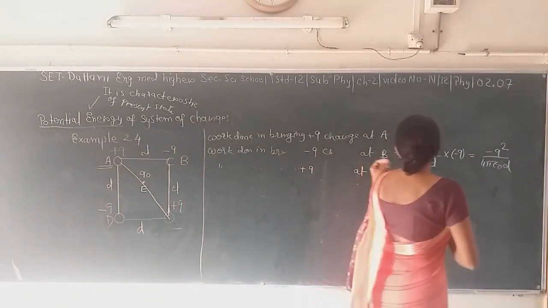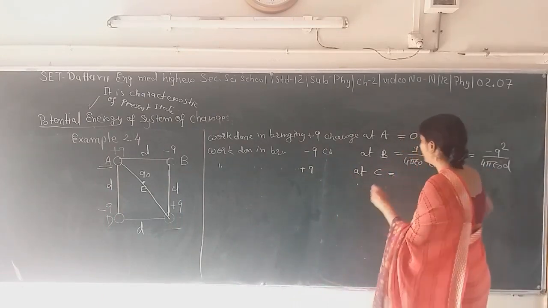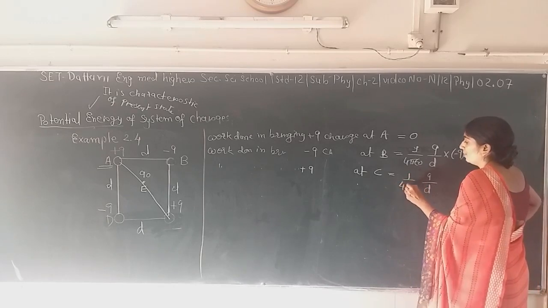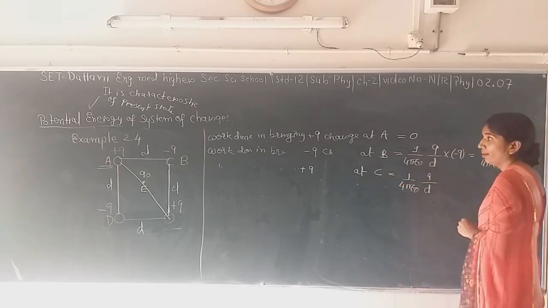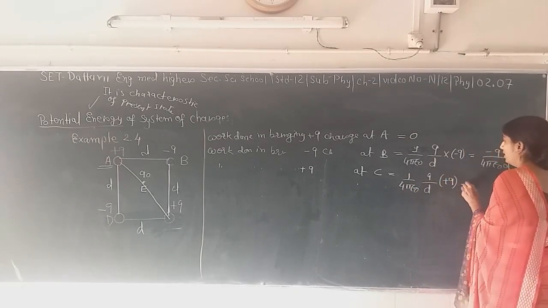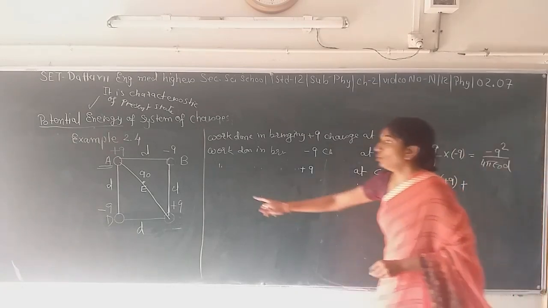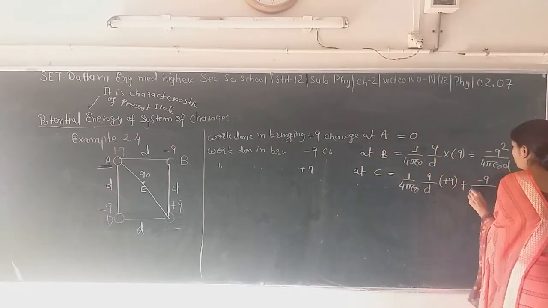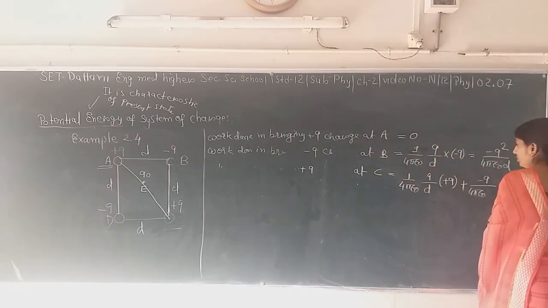So let's say the potential due to Q1 is plus Q upon 1 upon 4 pi epsilon naught. Charge on C is plus Q. Now the potential due to B is minus Q upon 4 pi epsilon naught.